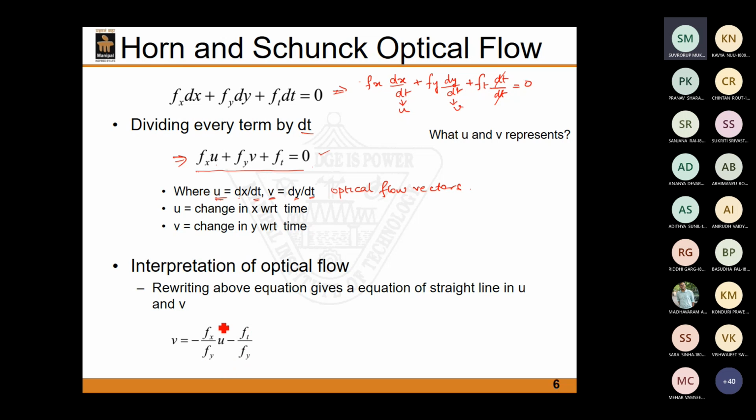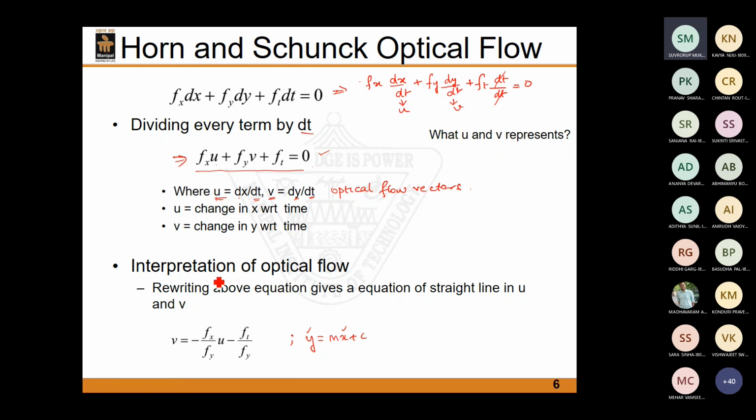If you observe this equation, it is a form of the equation of a line, y is equal to mx plus c, right? So y and x are the variables, the slope m can be represented by minus fx by fy, and minus ft by fy represents the constant here.